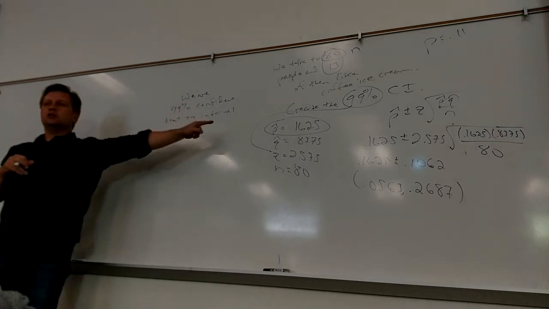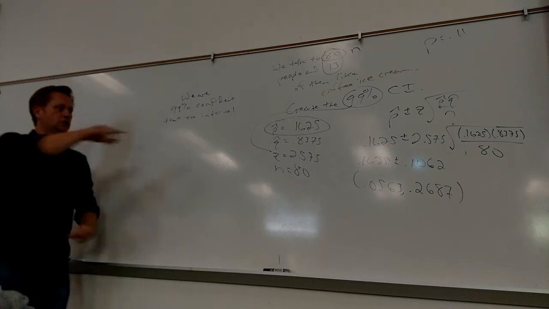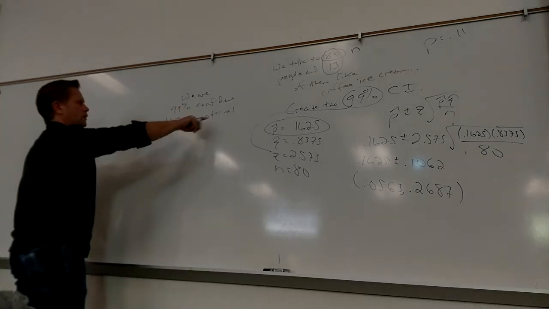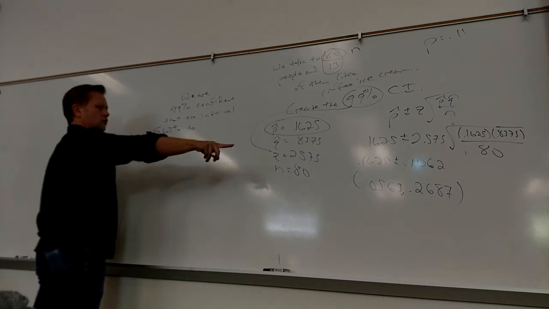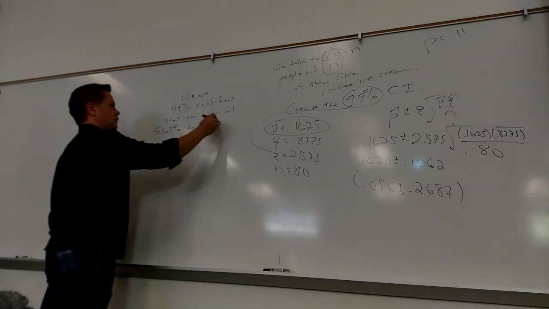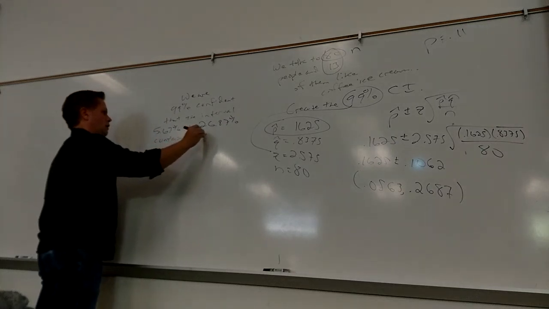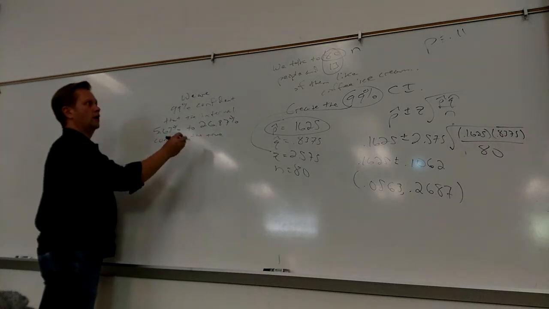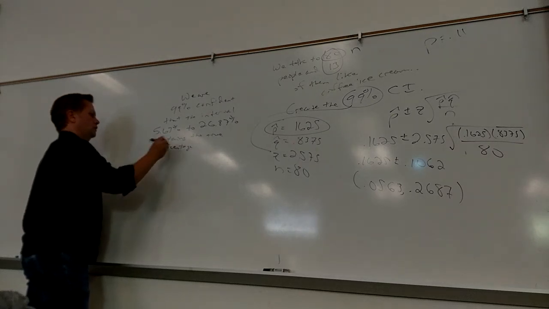When you have a percentage problem, the units are the percentage. So convert those to percentage. We are 99% confident that the interval 5.63% to 26.87% contains the true percentage of people that do what?